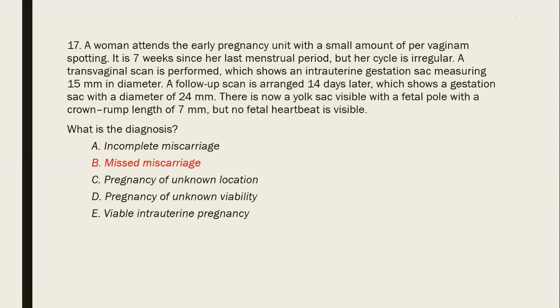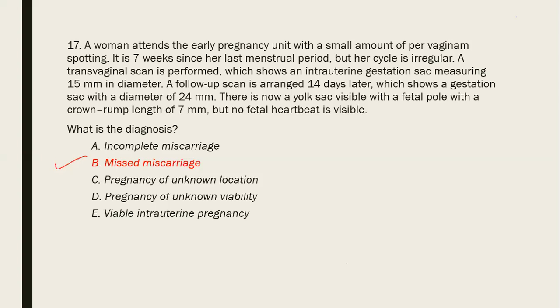And the second part is he gave you the gestational sac diameter. But we already have a fetal pool. If there is a fetal pool, we neglect the gestational sac diameter, as if it is not there.